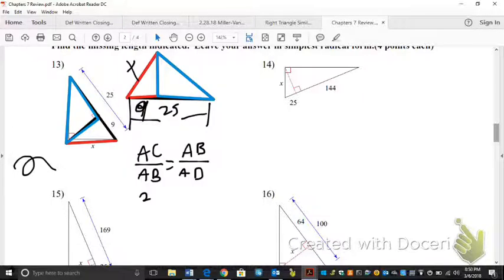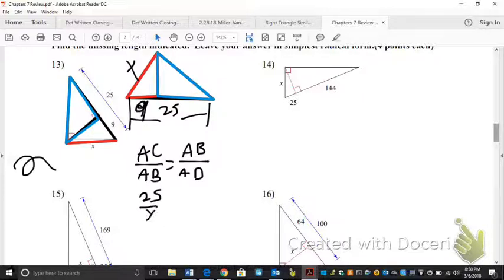What the actual corollary says is that the leg of a right triangle, divided by the altitude of the hypotenuse, is the geometric mean of the original hypotenuse and the segment of the hypotenuse adjacent to that leg. So that leg right there, X, is going to be the geometric mean, in that AB spot, of the entire original hypotenuse, 25, and that segment of the hypotenuse right next to the leg, 9. And that's what gives us the red triangle.